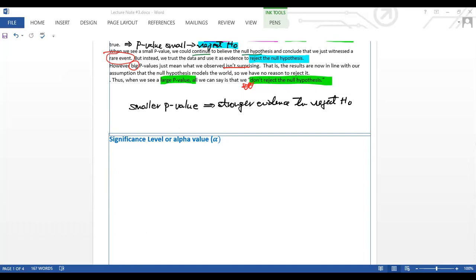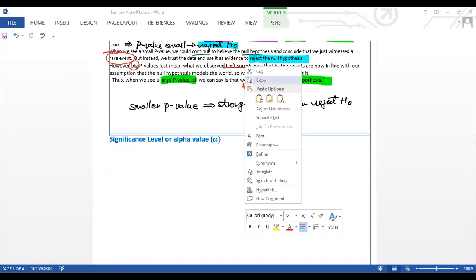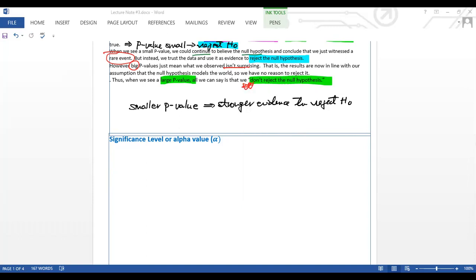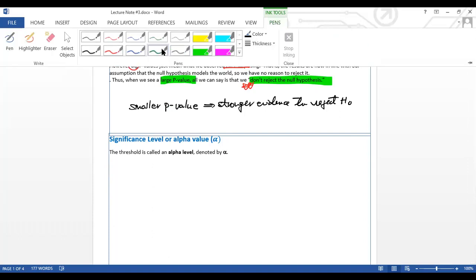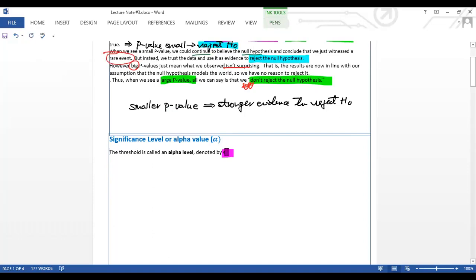So that's why we want to set a threshold here. The threshold is called the alpha value. Okay, this is very important, you will use this notation. We call it the alpha value, and we're going to see this alpha value has another term later, right?